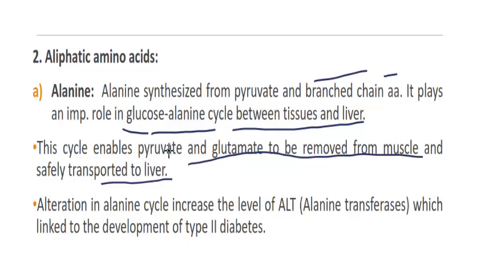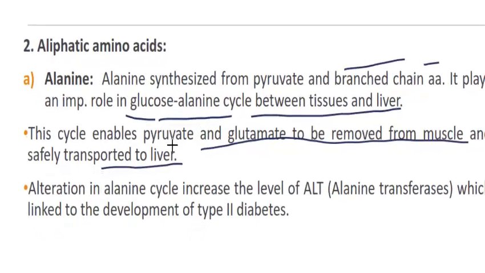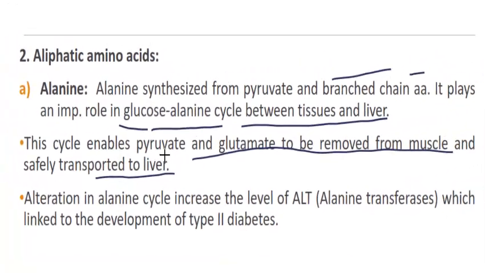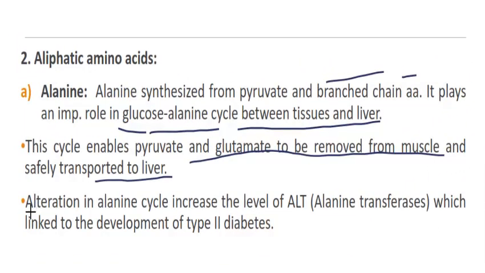When there is an alteration in the alanine cycle, then there is a problem. Then there is a high level of ALT. ALT means alanine transaminase, right? And if ALT is high, it can lead to a disease called type 2 diabetes.